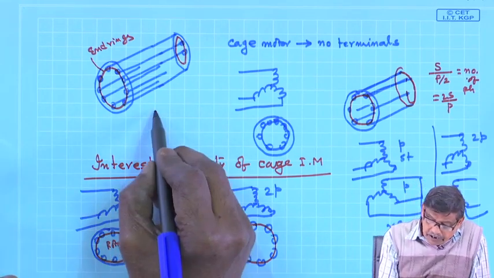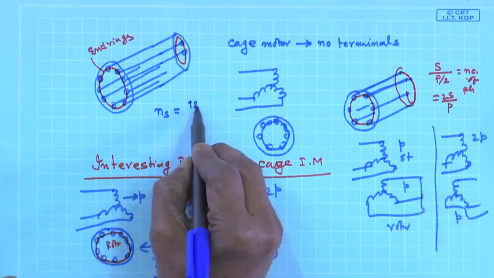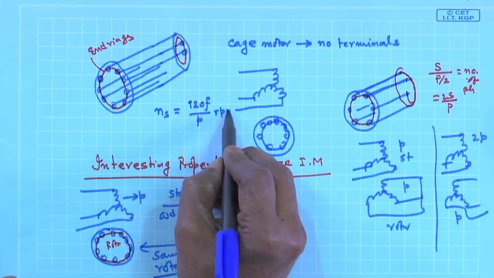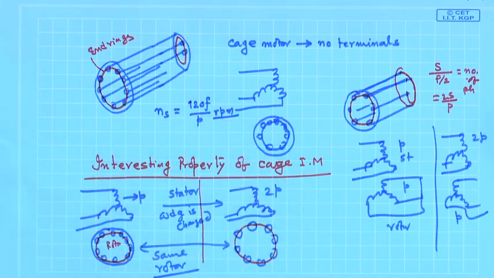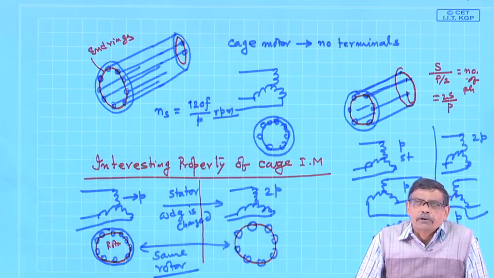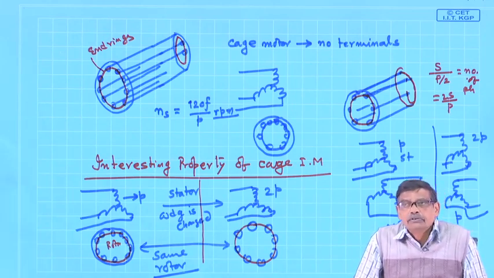Now, synchronous speed Ns is equal to 120 f by p, so much rpm. We know that. Earlier days, supply frequency is fixed, machine number of poles are fixed. Therefore, it looks like you cannot control synchronous speed.